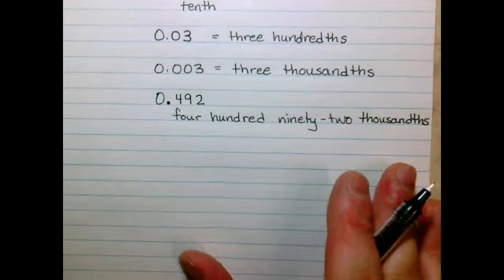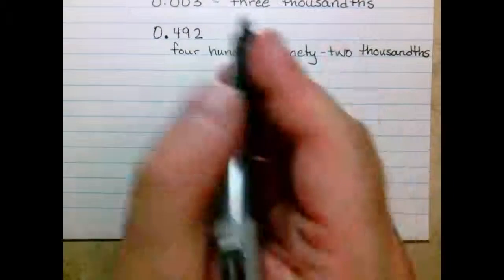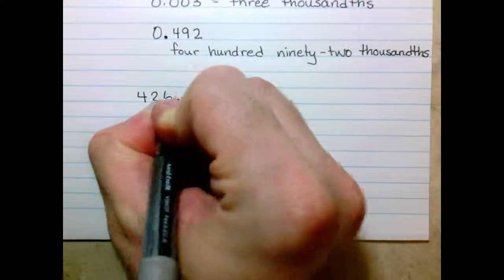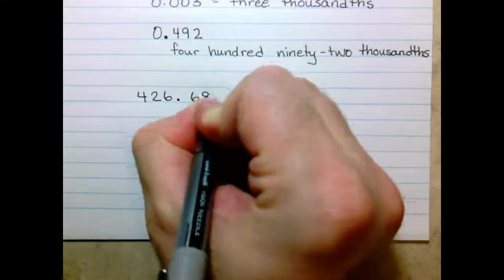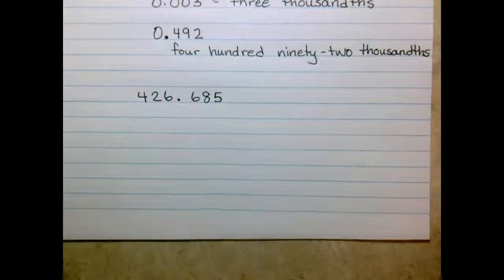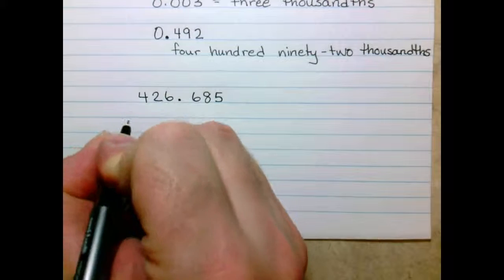When we add a whole number, let's take for example 426.685. To say this number, we say the whole number first, in this case 426.